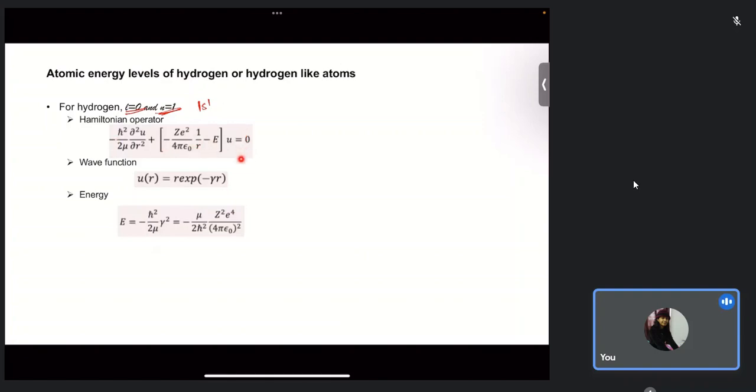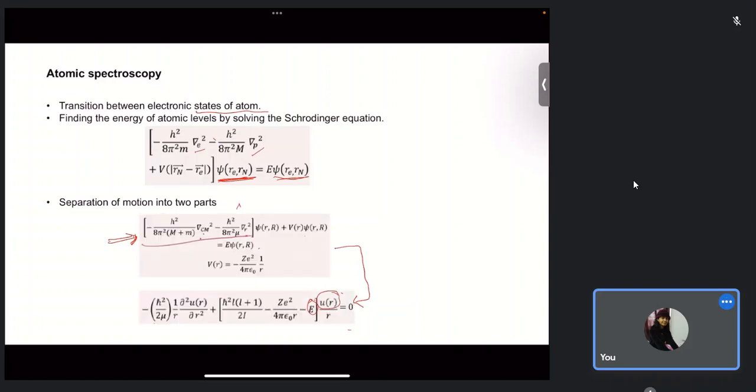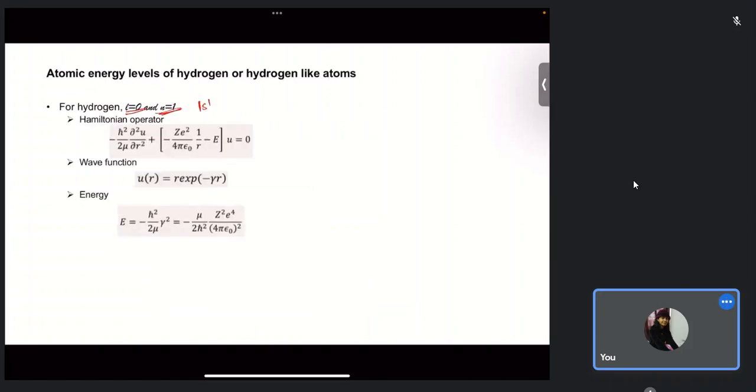And from this equation we can have one solution like this, where U of R is equal to R e raised to minus gamma R. Upon putting U of R in this Schrodinger equation, we will be able to obtain the value for energy.